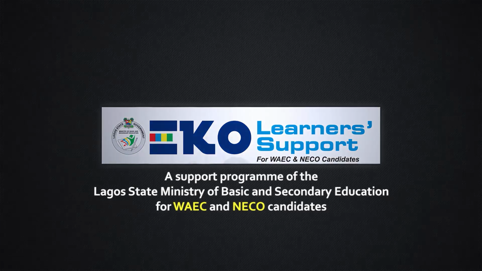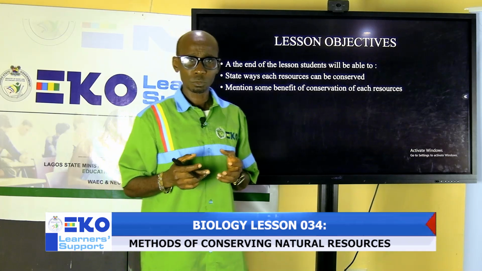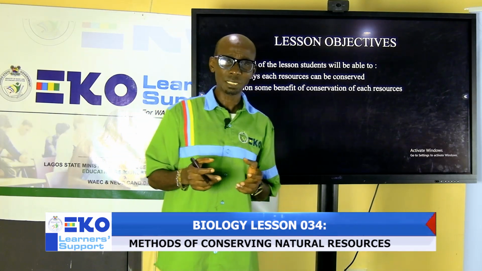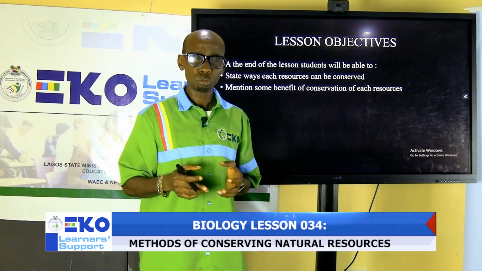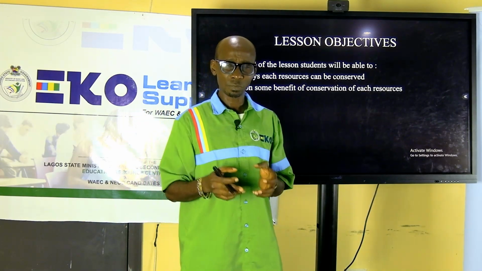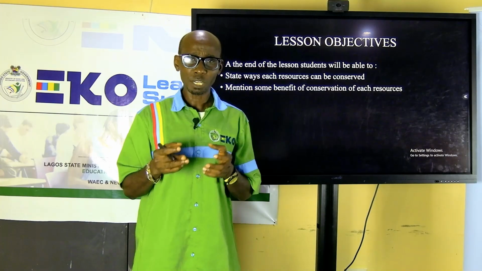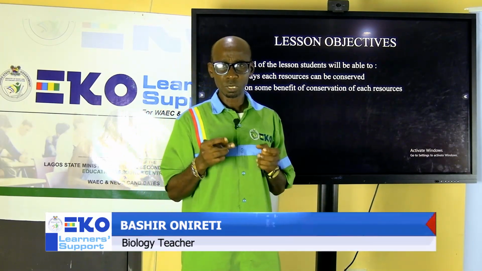We have learned about conservation before. I told you conservation is the planned or judicious use of natural resources to ensure continuous availability of resources for man's benefit. We went over that we have two types of resources: renewable and non-renewable resources.